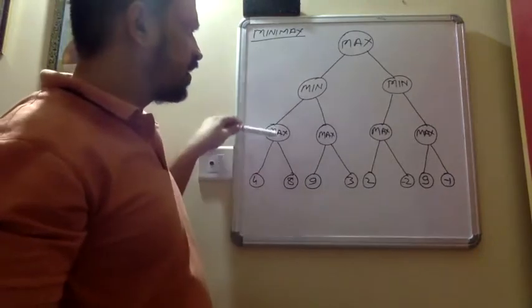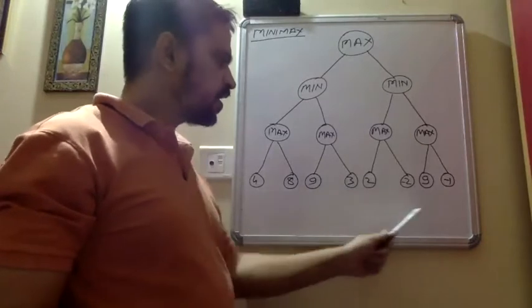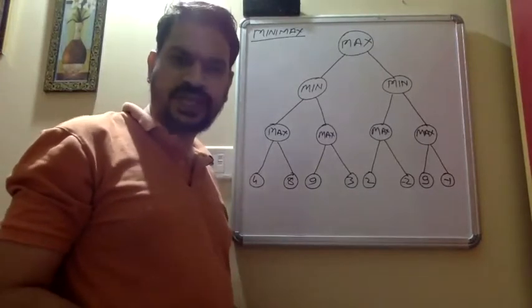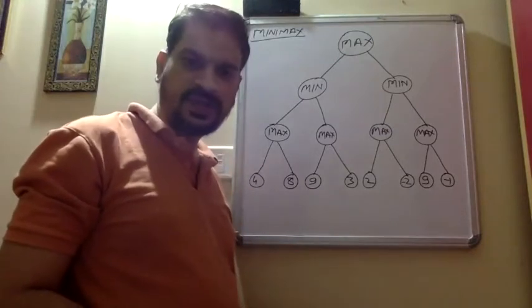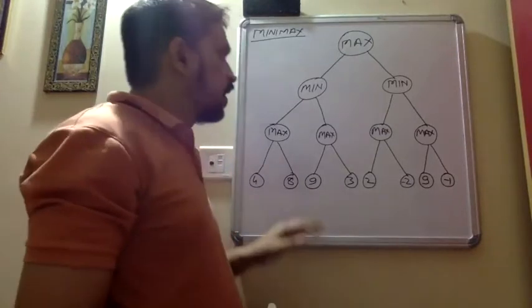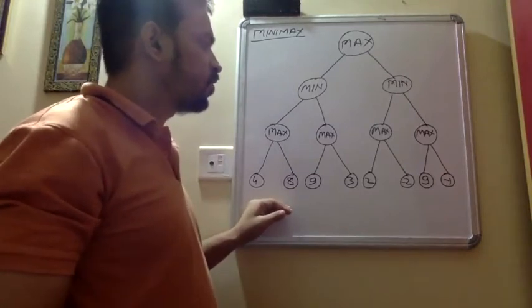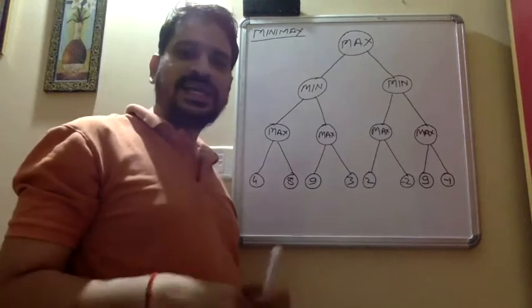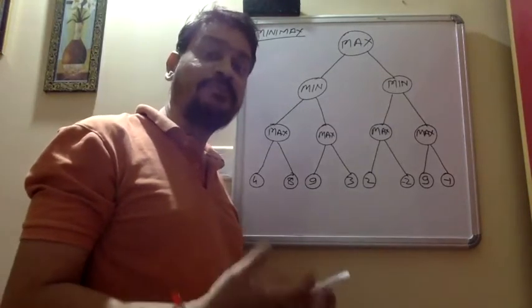These are all intermediate nodes. These are called terminal nodes. In the terminal nodes we are not going to see any variable, because we have constant values there. In MiniMax, we have to look at how we can increase the utility so that we can say we won the game.